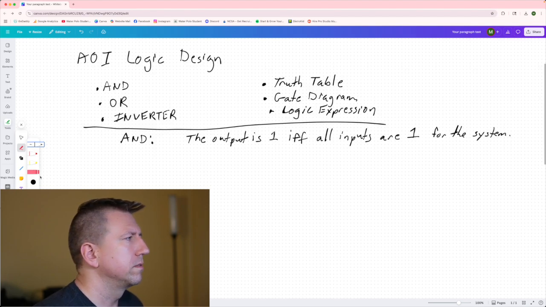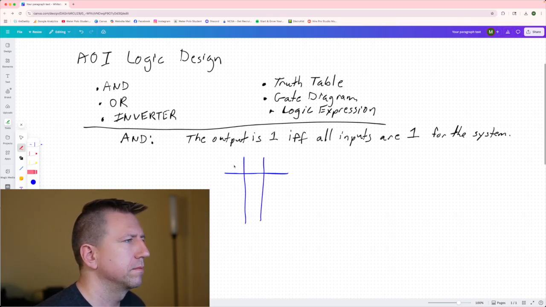All right, so what we're looking at here is a situation where our truth table is going to look something like this. We're going to deal with two input variables. I'm going to call those X and Y, and then we're going to have an output F.